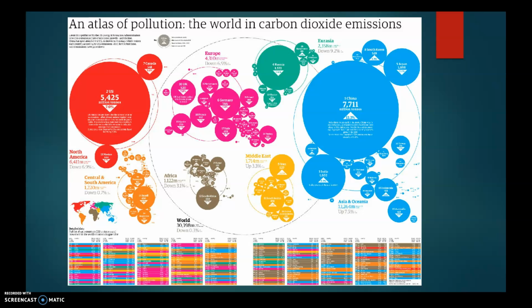So think about that for a second. 1.43 billion people in China versus 329 million people in the United States. For such a smaller population, we definitely should have a lot smaller of a circle in terms of our carbon dioxide emissions. And if you look, a lot of the European countries, while they have smaller populations, definitely have less carbon dioxide emissions.